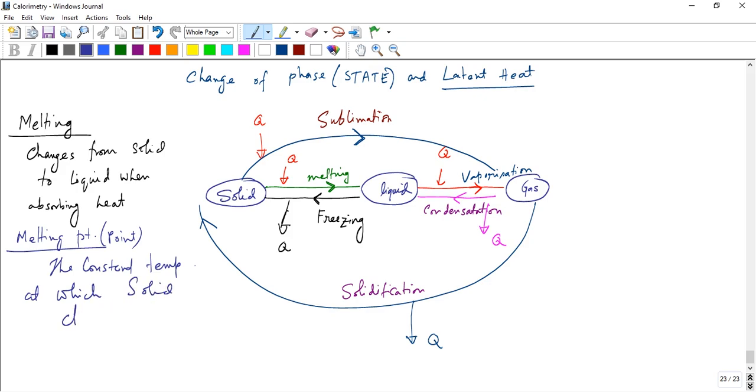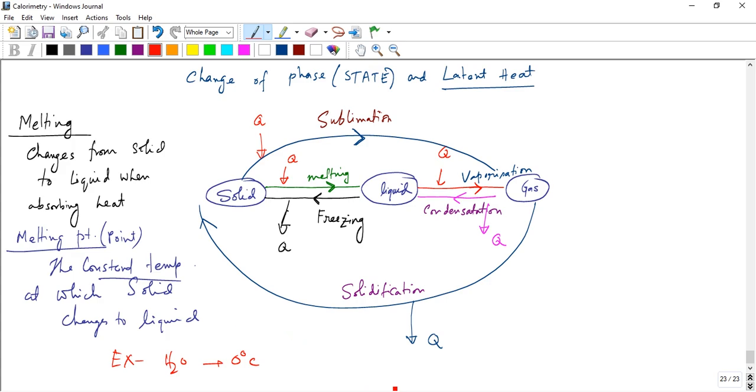Let's take an example: water. The melting point of water is 0 degrees centigrade. Okay, that's the melting point.